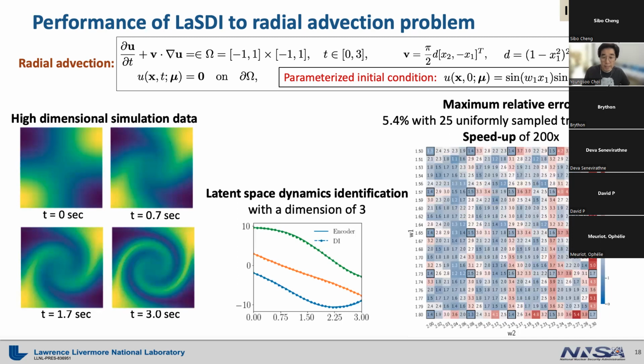But we were not happy about the high relative error concentrated on a particular region of the parameter space. For this particular problem, it seems to happen on the right side of the parameter space right here. This was caused by the uniform sampling. We needed a better sampling procedure, possibly by incorporating physics information.